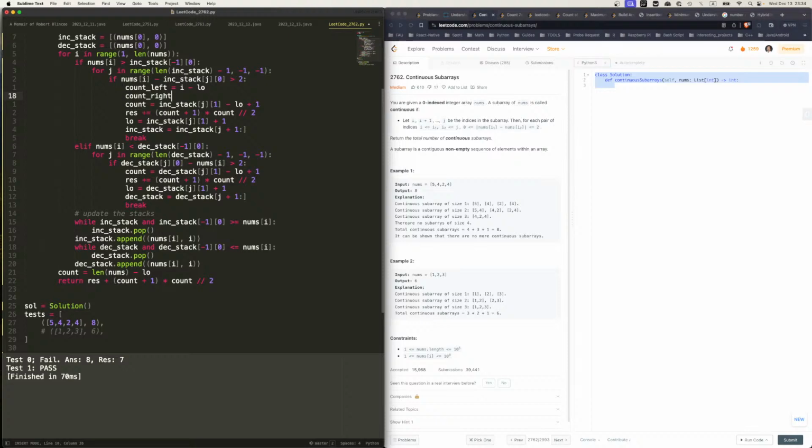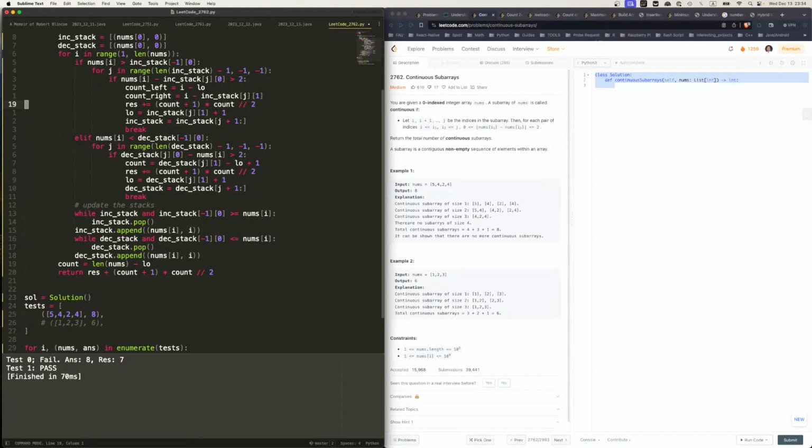And count right shall equal to i minus 1 minus the stack's j index, and then plus 1, which we're gonna remove this. So that's the count right. And this is not right, okay? So we should say count right plus count left, right?